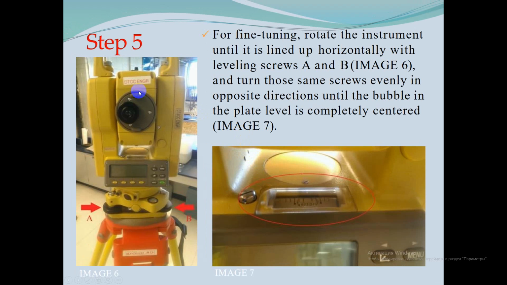Step 5. For fine tuning, rotate the instrument until it's lined up horizontally with leveling screws A and B, and turn those same screws evenly in opposite directions until the bubble in the plate level is completely centered.